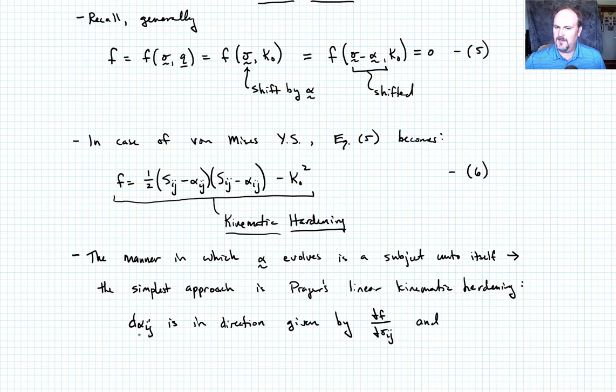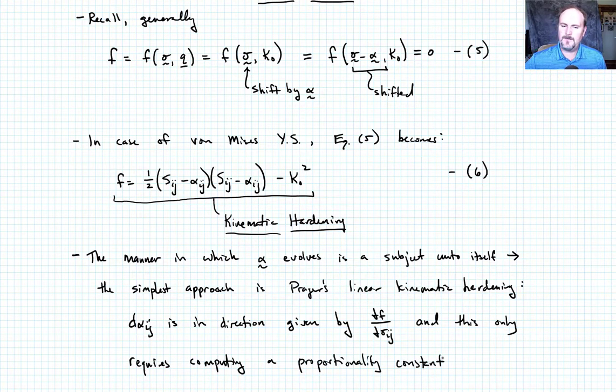So the d alpha ij is in the direction given by the partial F with respect to sigma ij, and this only requires computing some proportionality constant. And that proportionality constant is actually the plastic tangent modulus.